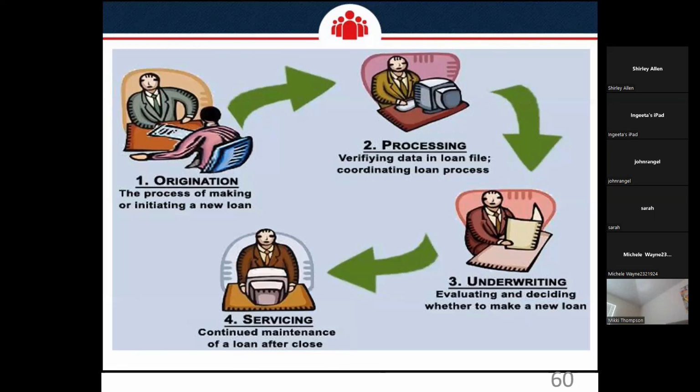As MLO, we've kind of been released to go out and get our new deal while this one is going through the rest of the process. But we are responsible for making sure that they have all the accurate and complete information. Once the underwriter has made the decision, they send the loan over to servicing. The loan gets funded, goes to servicing. Servicing is the continued maintenance of the loan after it's closed.